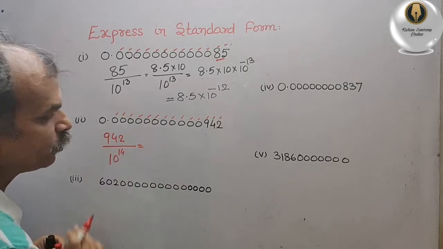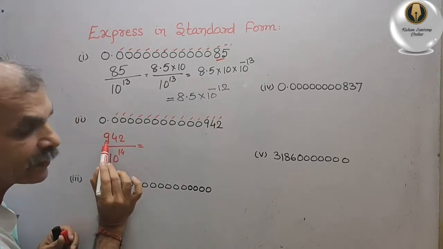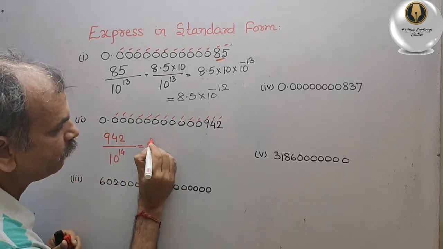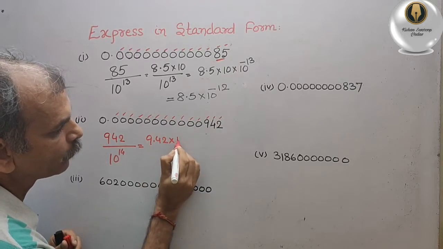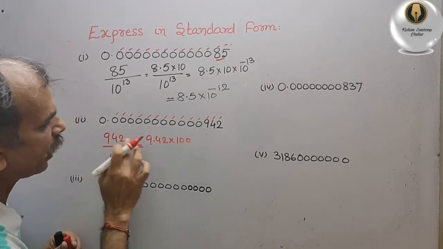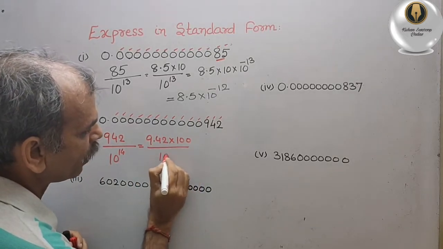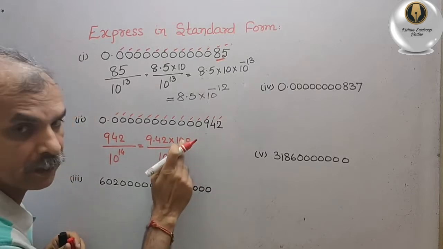That is equal to, now we have to write it as 9.42. So we will write here 9.42 into 100. That is equal to 942 by 10 to the power of 14. Now bring this to upside.